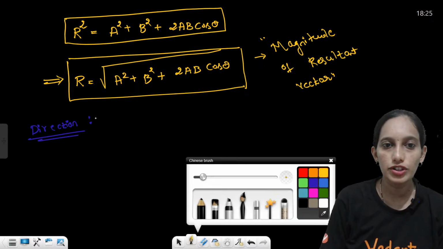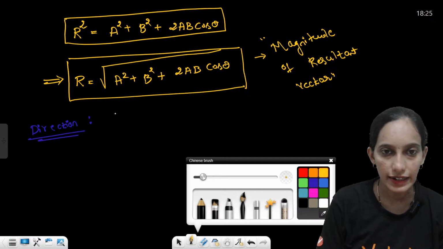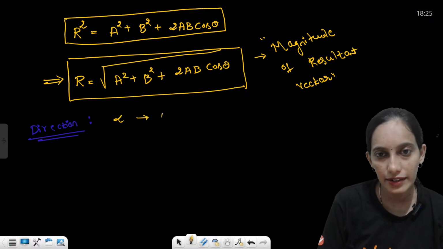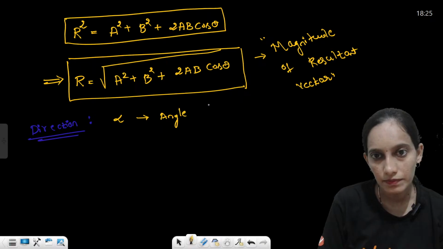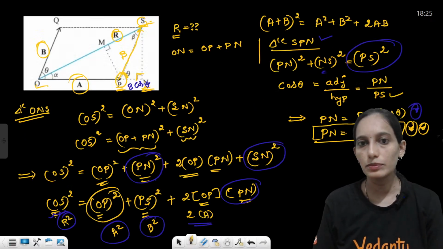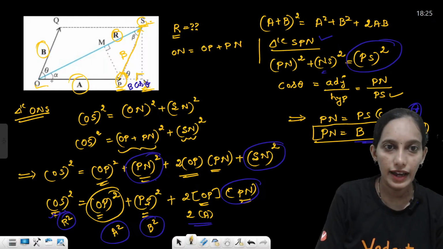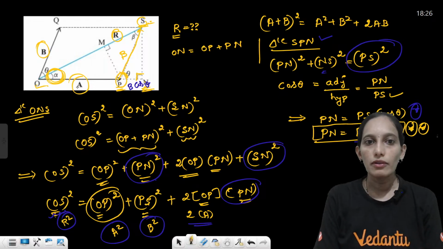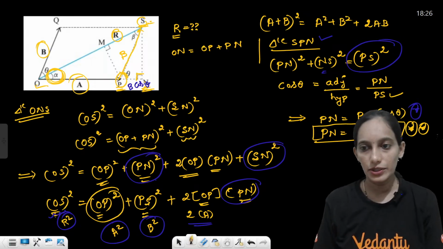So the direction of the vectors: alpha is the angle between the r vector and the a vector. If we observe our diagram, alpha is the angle between our a vector and the resultant vector.